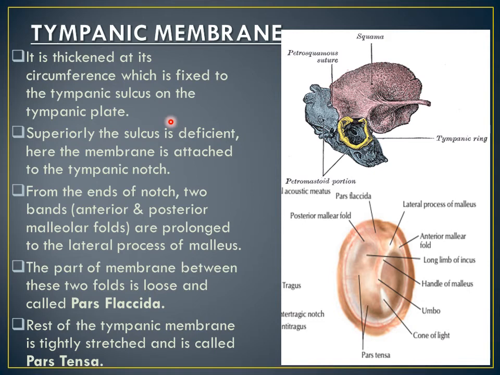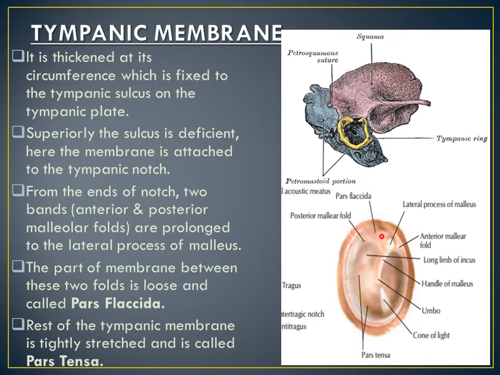The outer or cartilaginous part of the external auditory meatus is lined by the skin which is adherent to the perichondrium, and it contains the hairs, sebaceous glands, and ceruminous or wax glands. So here you can see a very close view of the cartilaginous part of the external auditory meatus, and here you can see that it is lined by a skin which contains hairs along with the sebaceous and ceruminous glands which produce wax in the ear.